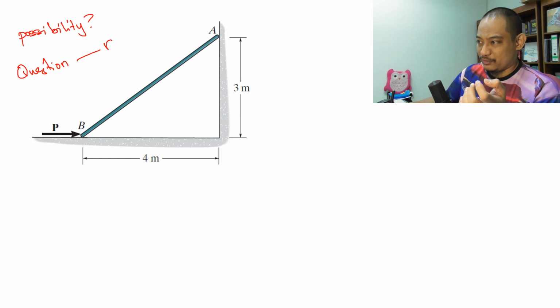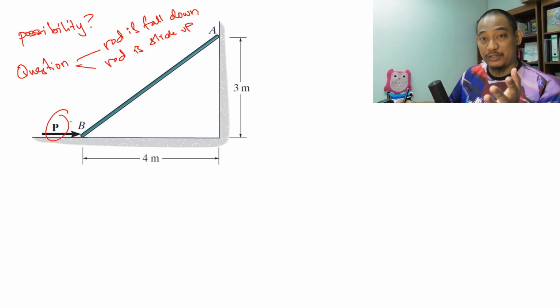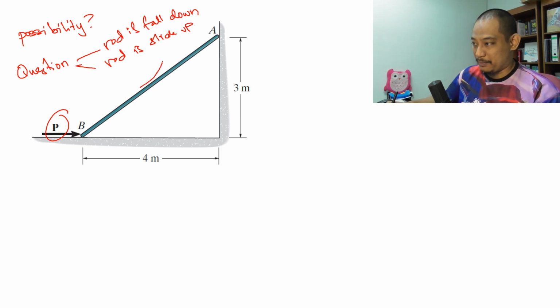For example, the rod is about to fall down, or the rod is about to slide up, because we have a force here. So one possibility is that this force is big enough that this is moving up. One possibility is, for example, this has its own weight, etc., so that this is sliding down.